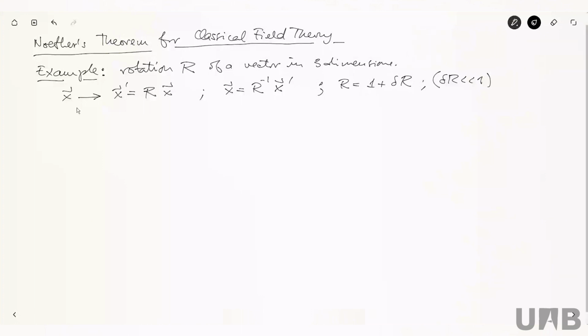So then if a vector transforms like this, and this is what we mean by putting an arrow on top of the symbol, then any vector transforms like this. So it also goes like v goes to v prime equals R v, where v is a constant.